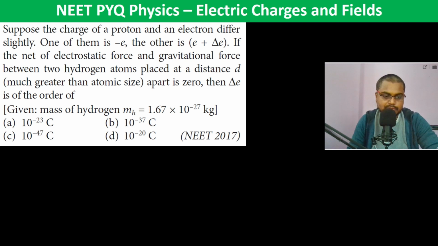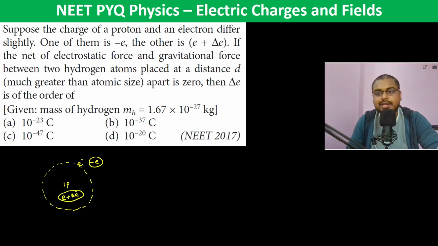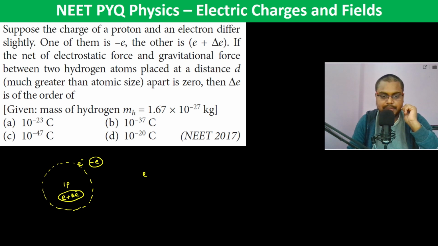In a hydrogen atom there is a nucleus, the nucleus has a proton, and outside there is an electron. The charge of the electron is -e, the charge of the proton is e plus delta E. So we can tell that the net charge on a single hydrogen atom is E plus delta E minus E, which is delta E.